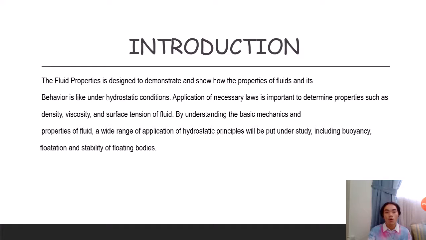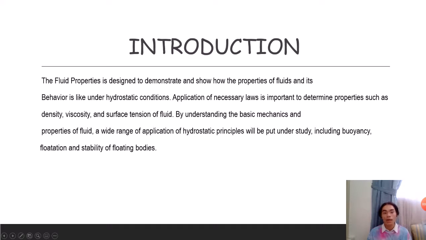Now let's go on about the introduction to this experiment. The fluid properties unit is designed to demonstrate how the properties of fluids and their behavior are like under hydrostatic conditions.